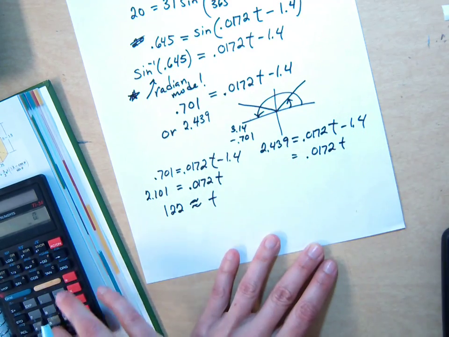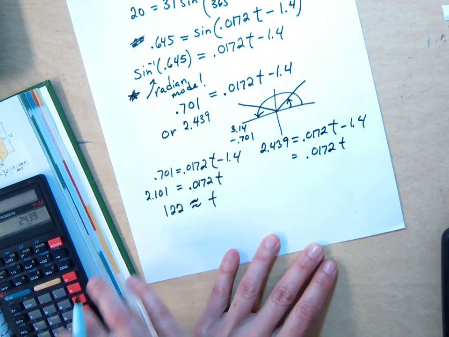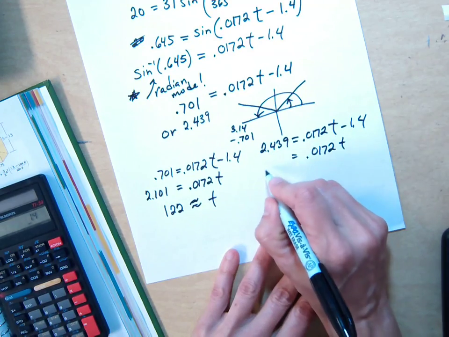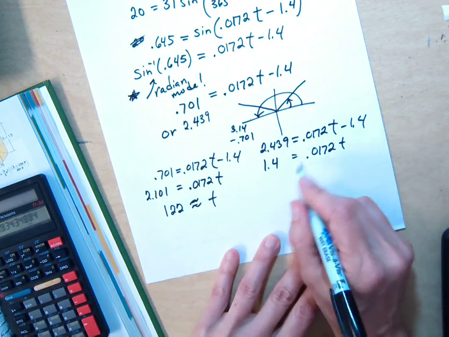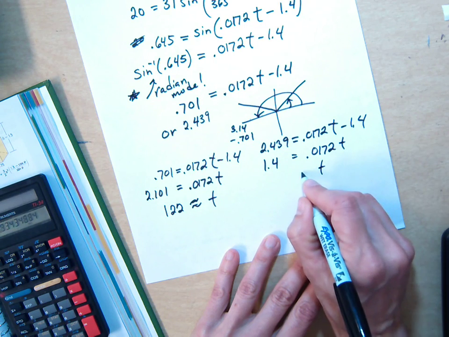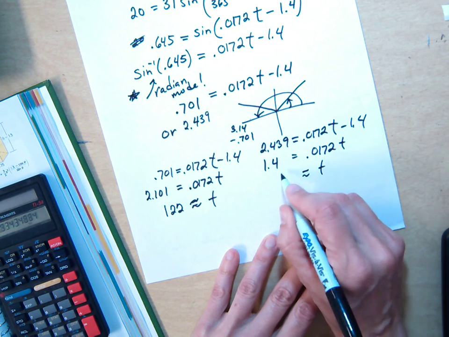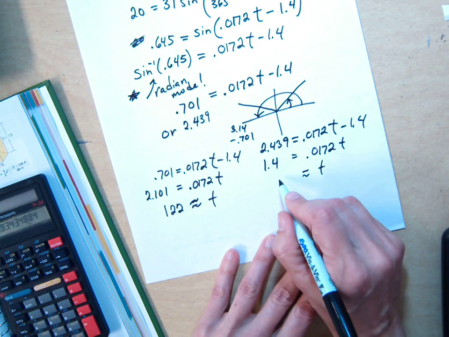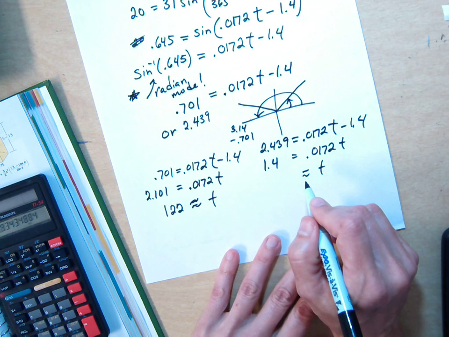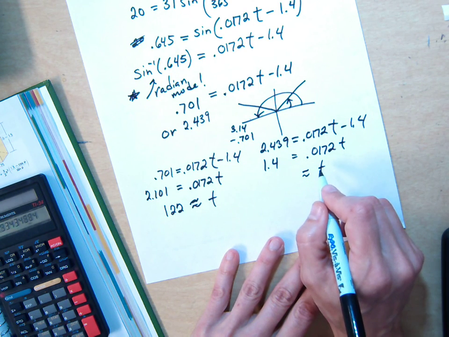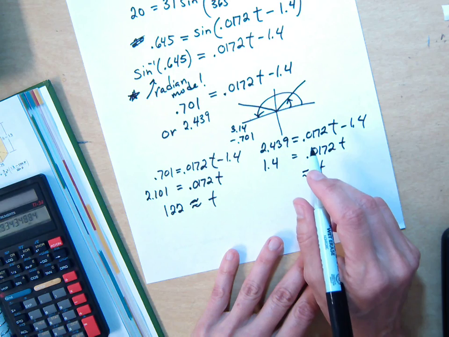0.0172t, 2.439 plus 1.4, and then divide by 0.0172. So we also have approximately the 80... sign is positive. Did you get 83 point something?